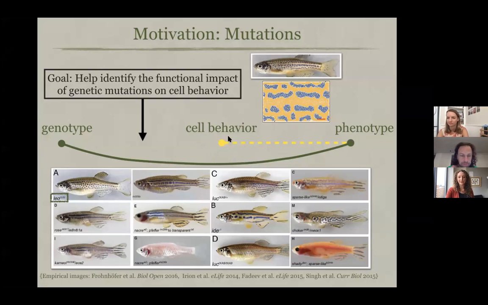If you think of all these links together, then by combining these biological and mathematical approaches, you're coming up with a way of linking genes to their functional impact on cell behavior and then to how the fish pattern looks. This is the pie in the sky goal of my work, to link these various scales in zebrafish and its relatives.